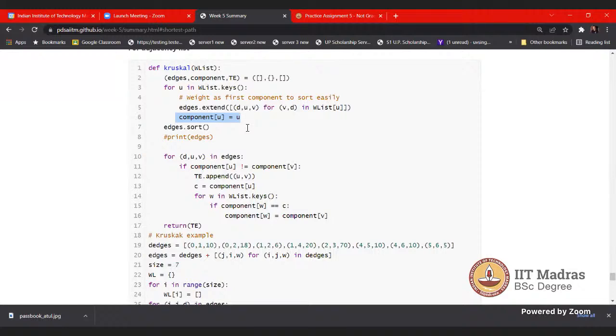So for every connected component we maintain one node as the parent. Using this component information, we can find out whether an edge creates a cycle in the given spanning tree. If you apply one example using this algorithm, you can find out how we check whether a cycle is created or not. This condition is tested to see whether a cycle is created.